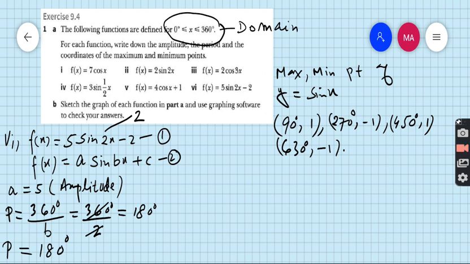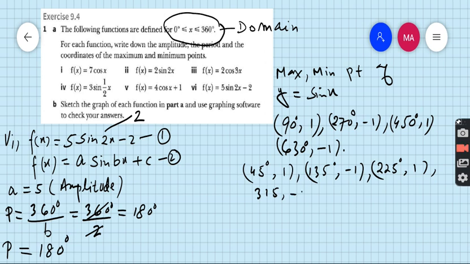So first we have to divide each angle by the value of b, that is 90 upon 2 is 45, comma 1, 270 upon 2 is 135, comma minus 1, 450 degree divided by 2 is 225 and 1, and 630 degree is 315 and minus 1.